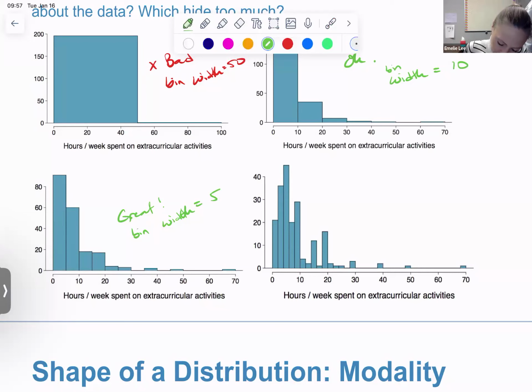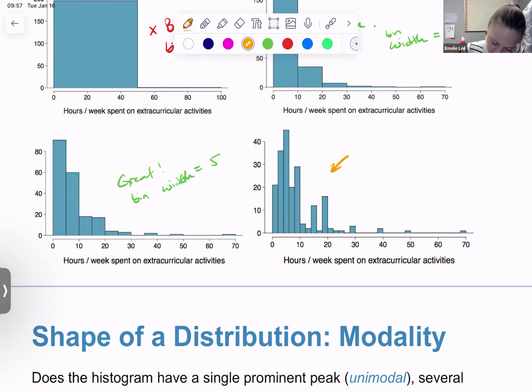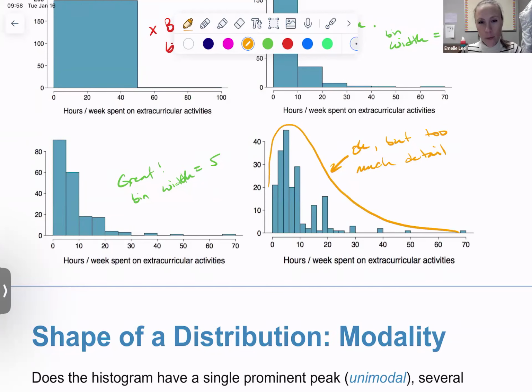Now this one, I would say it's okay, but too much detail. Right? We're looking for a general shape. This one, it's okay. I would use this. That's fine. But you'd have to do something like this anyways, to generalize it, because you don't want to focus on the minor details.